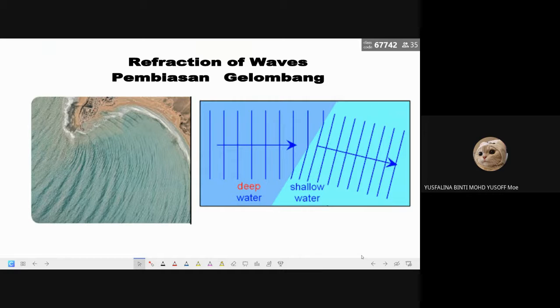For refraction, what you should learn is refraction of water wave, refraction of light, and also refraction of sound. So there are three types of refraction: water wave, light, and sound wave.